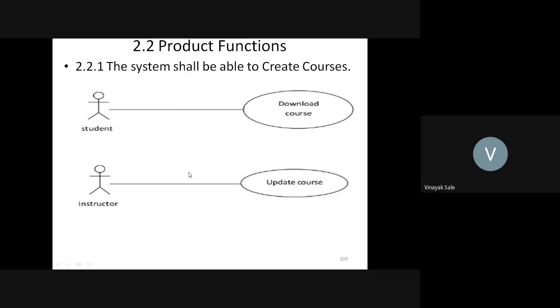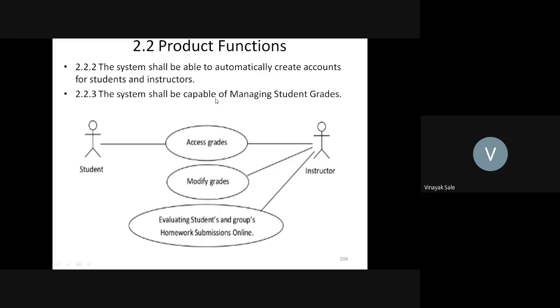So the product functions: the system will be able to create courses. So this is a student, looks like an actor. So student downloads a course and instructor updates the course. Then the system shall be able to automatically create accounts for students and instructors.